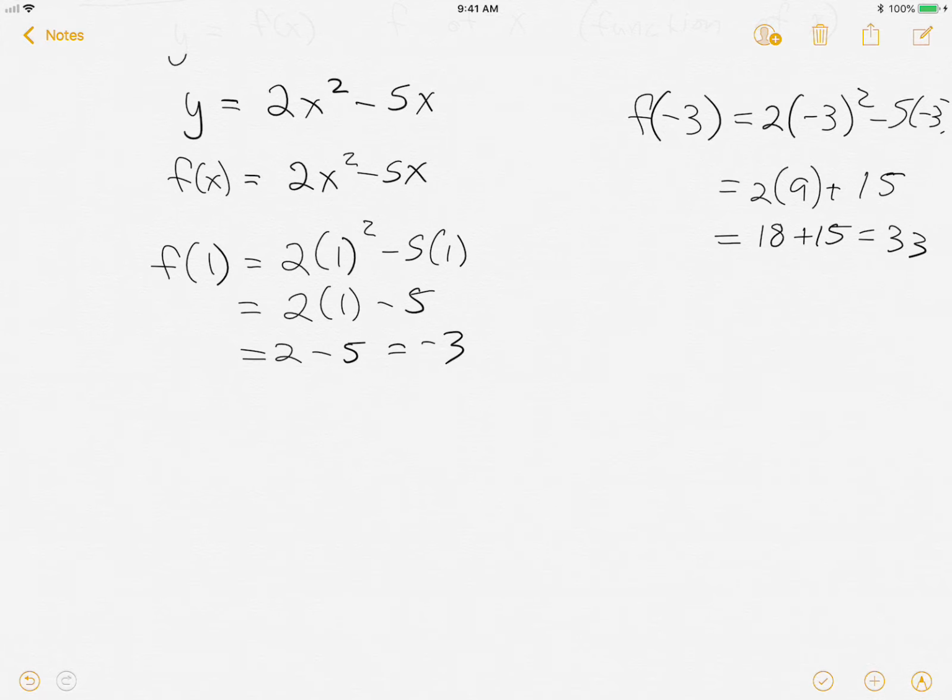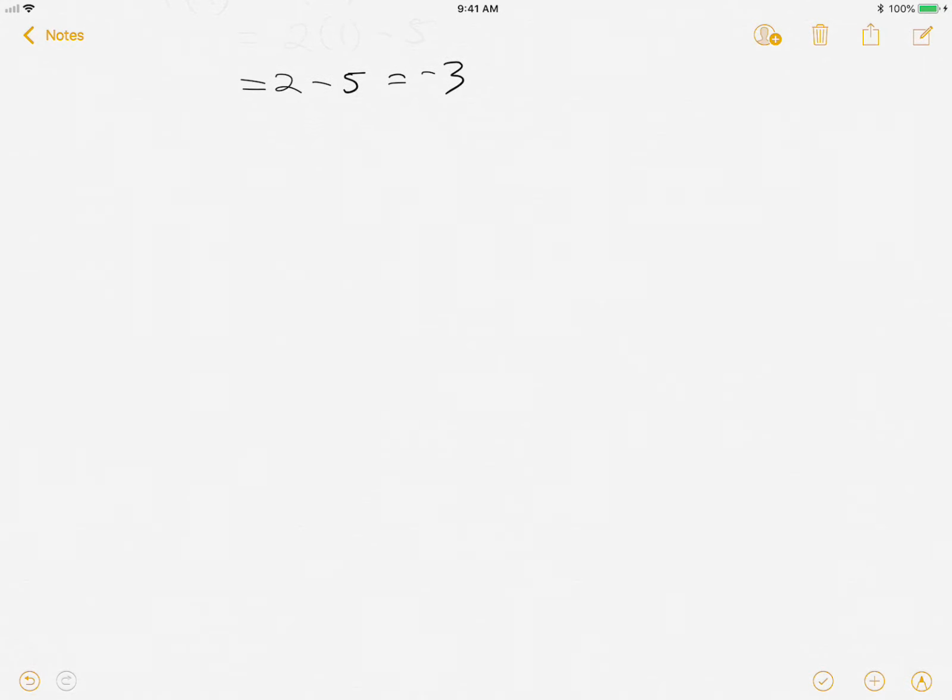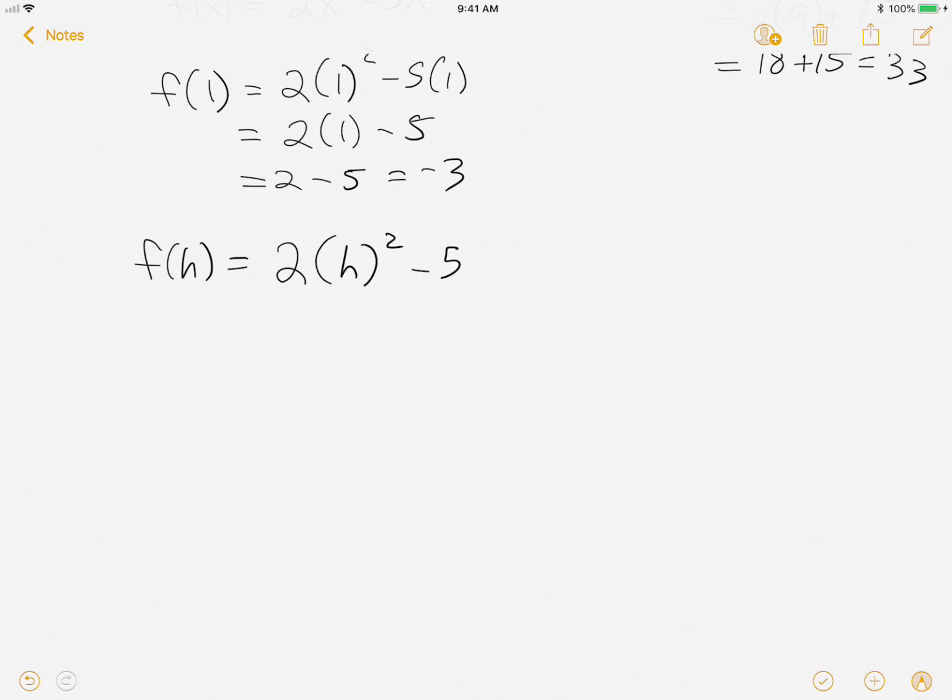What about if I do, say, f of h? That's going to be 2 times h squared minus 5 times h, which simplifies to just 2h squared minus 5h.